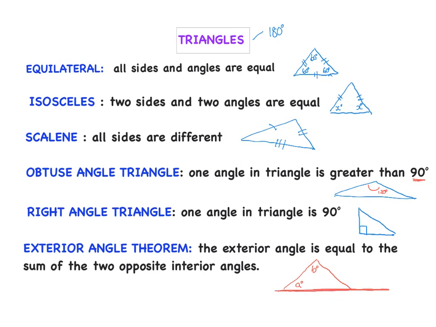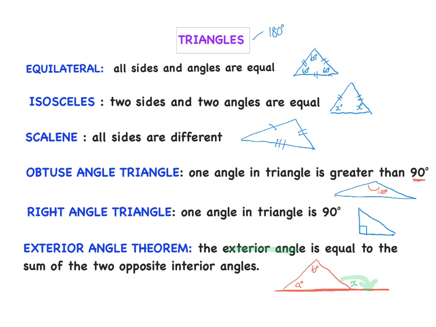What the exterior angle theorem says is that the exterior angle, so I'll show you what the exterior angle is, this angle here. Okay, so we might say that is equal to the sum.